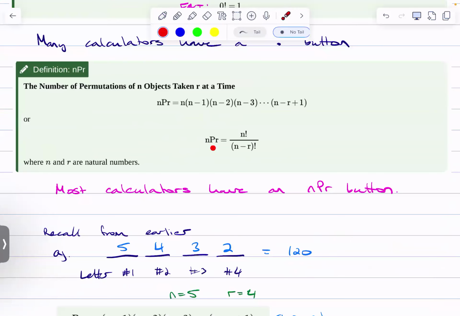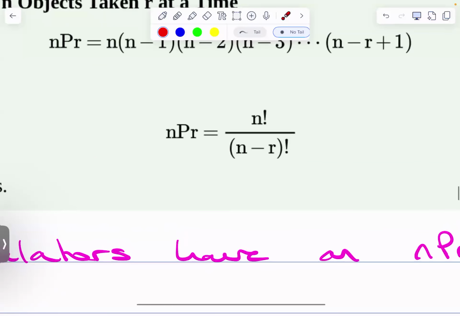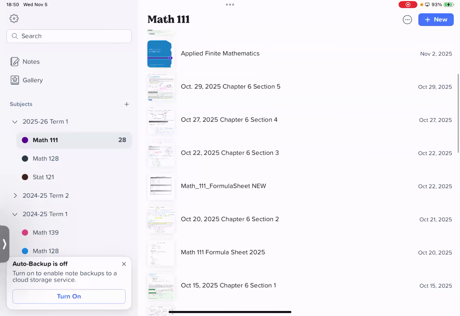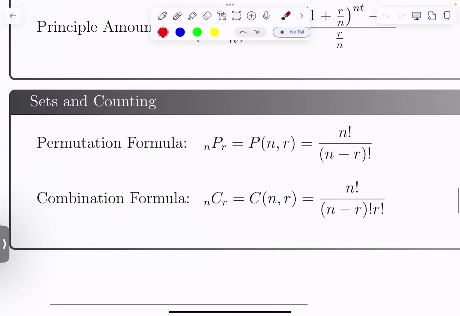Another way that we could write out nPr is like this: n factorial divided by n minus r factorial. And this is what's on your formula sheet, which has been pushed down here. So this is on your formula sheet, the permutation formula, nPr.